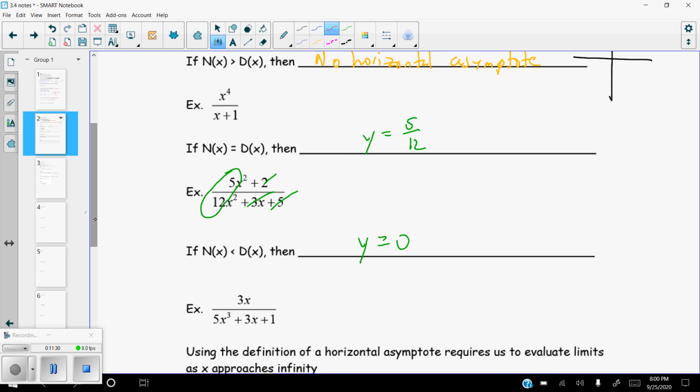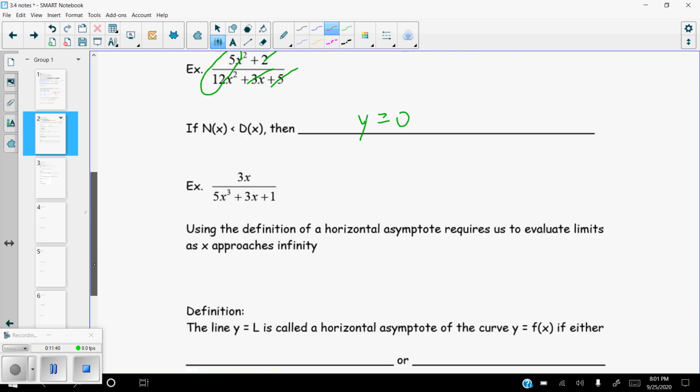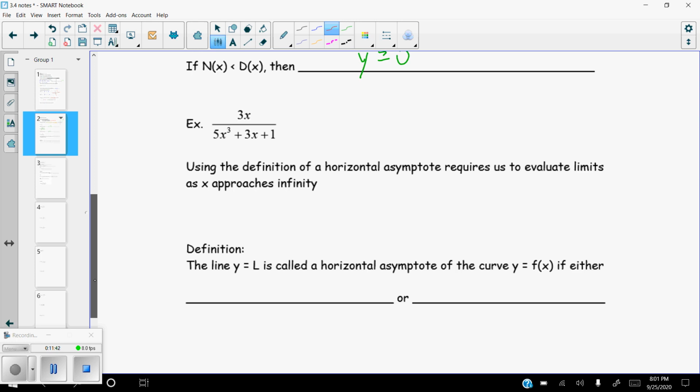All right, so using the definition of a horizontal asymptote requires us to evaluate limits as x approaches infinity. So this is where the limit idea comes in. The actual definition is that the line y equals L, a horizontal line, is a horizontal asymptote of the curve y equals f of x if either one of two things is true.